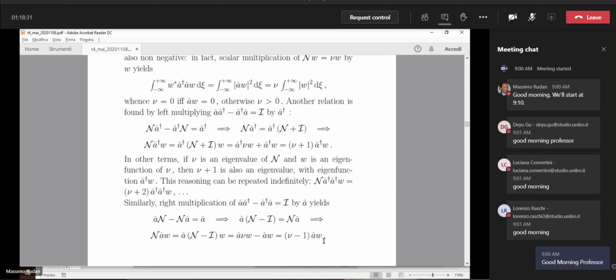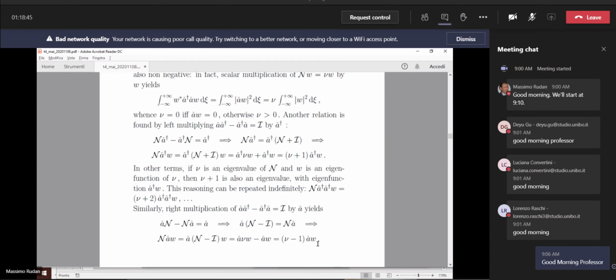This trick of imposing that the eigenvalue is an integer is the same thing that we would find by using the series expansion that I mentioned earlier.